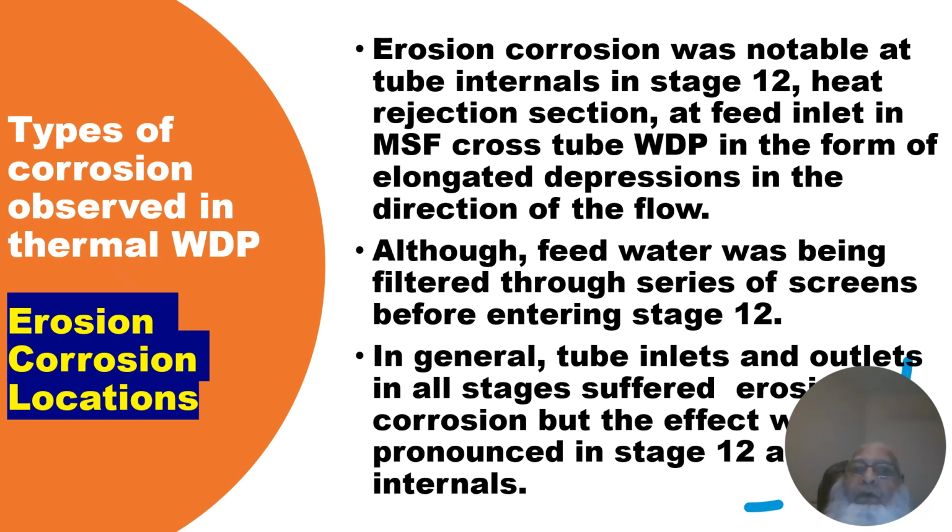The erosion corrosion was notable at tube internals in stage 12, the heat rejection section at the feed inlet in the MSF cross tube water desalination plant, in the form of elongated depressions in the direction of the flow, although the feed water was being filtered through a series of screens before entering stage 12.